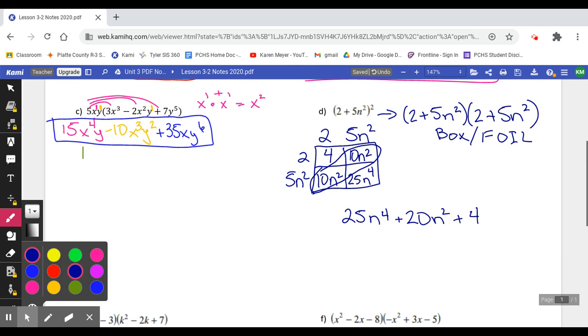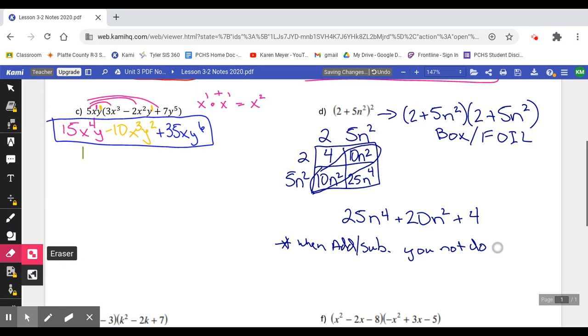Now, key thing to remember, when you're adding or subtracting, you do not, let me stress, do not, hold on, let me get my spelling down here.